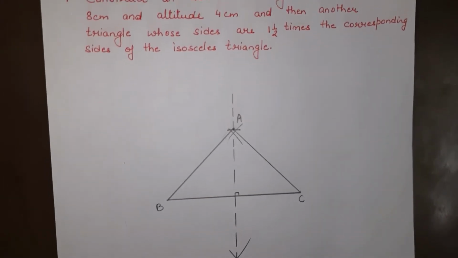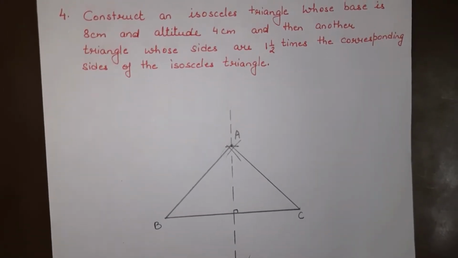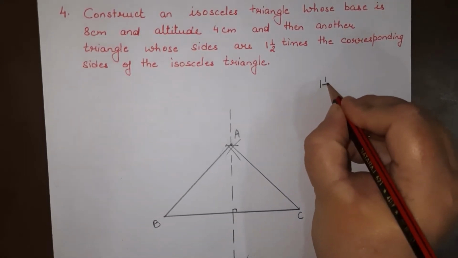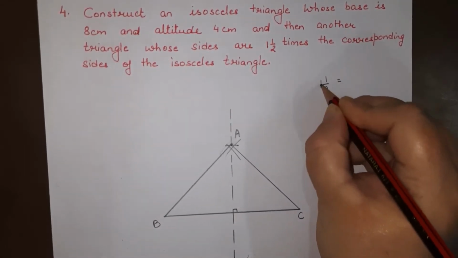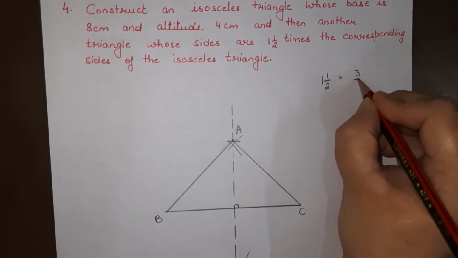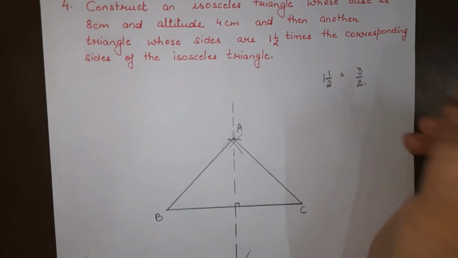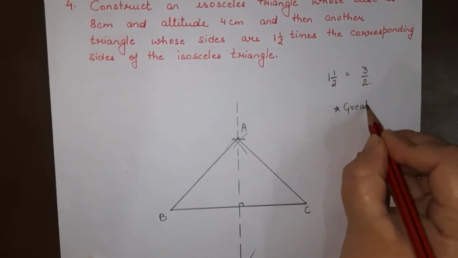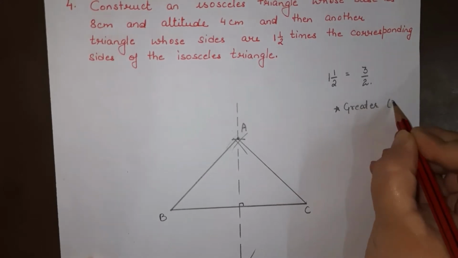Now we have to construct another triangle whose sides are 1.5 times. So here it is 1.5 times, which is equal to 1 multiplied by 2 is 2, 2 plus 1, 3. That means the given ratio is 3 by 2. So here we have to first of all see the greater of two numbers. So the number is 3.